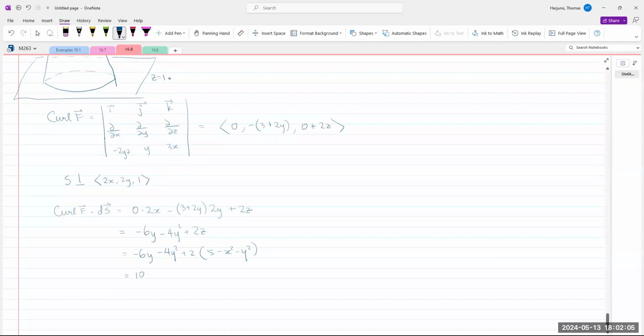This will be 10 minus 2x squared minus 6y squared minus 6y. Oh, this is quite nasty, huh? Now I need the double integral over S of curl of F dot dS. Oh, I'm sorry, this is supposed to be with dA. It's the differential form, right?